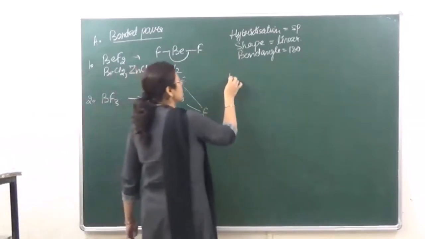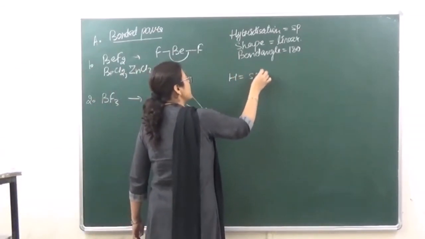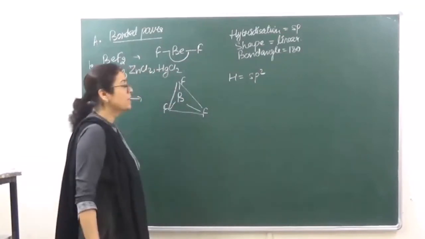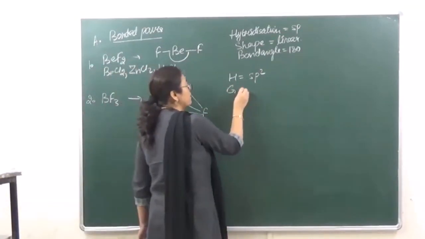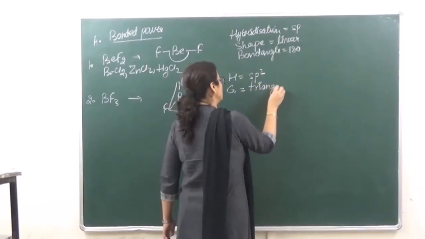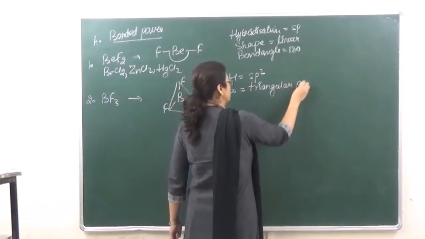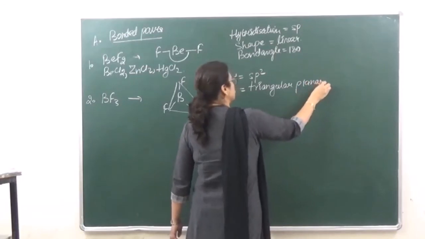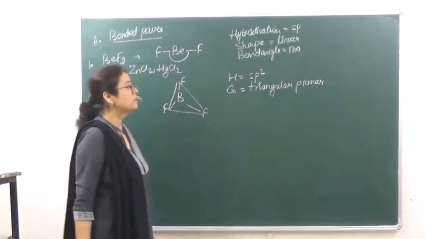The hybridization in this case is sp2. ठीक है? Geometry or shape is going to be triangular planar. ठीक है?